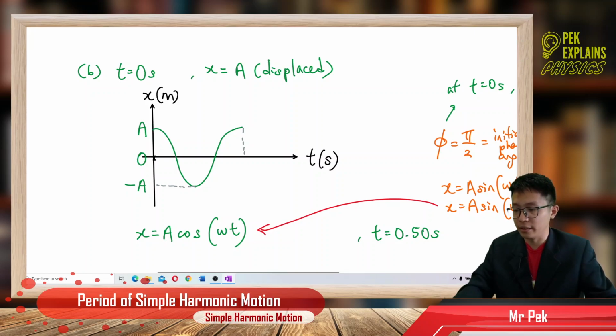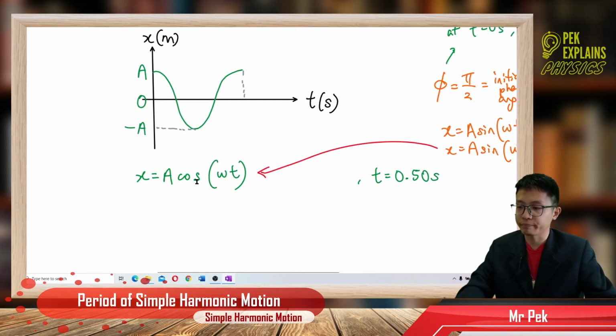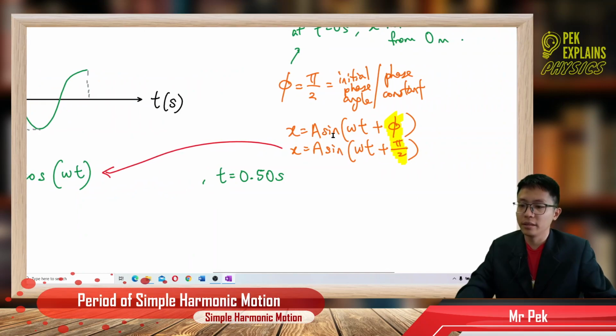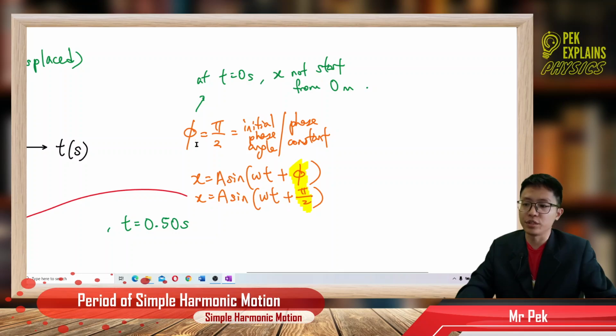So at 0 second, the moment it displace, the moment it release, it starts from the amplitude. So it becomes actually a cos graph. If we still insist want to use a sine equation, yes, but we need to include the initial phase angle, which is pi over 2.